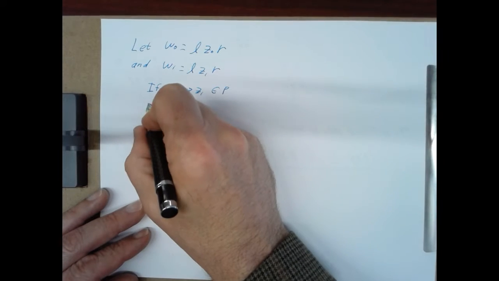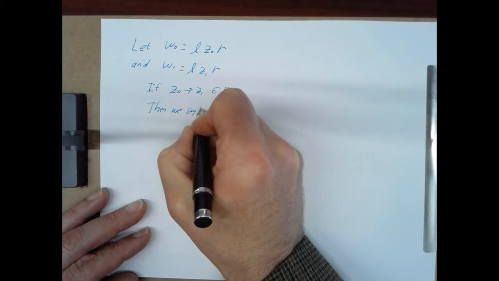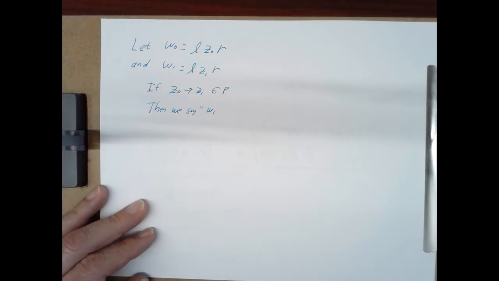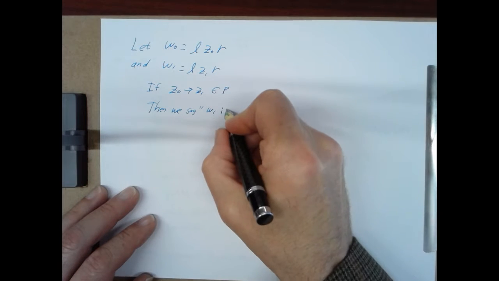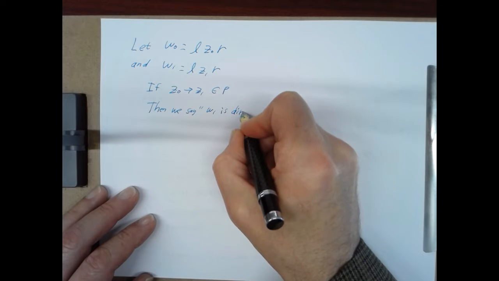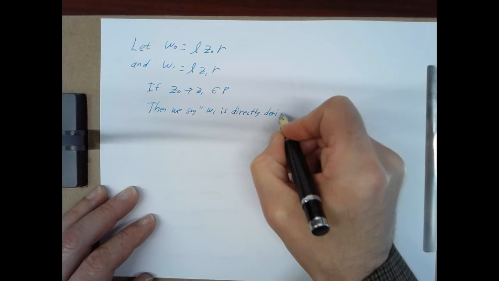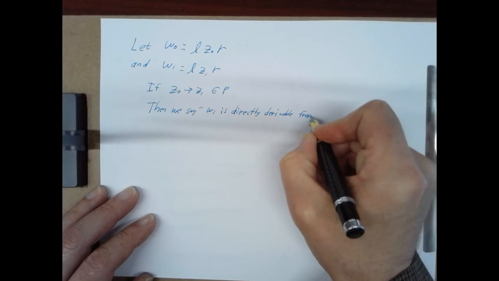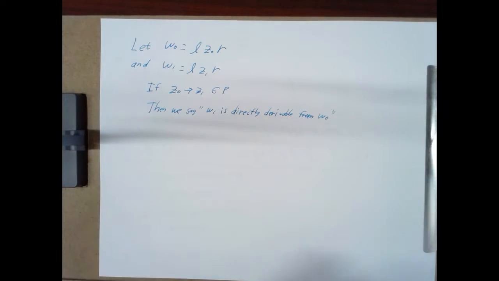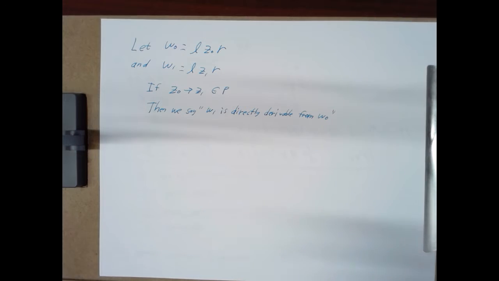then we can say W1 is directly derivable from W0. Right, in the sense that we can use this production rule, change that middle Z0 to Z1, and we've got W1.